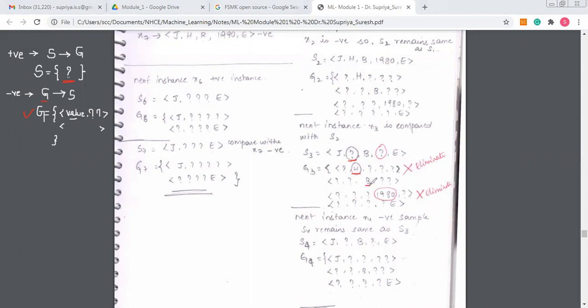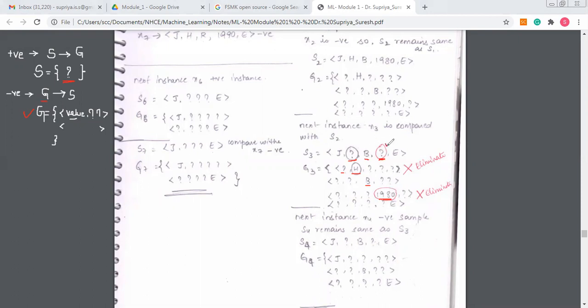You can see blue, and the third feature blue remains the same, so I have no issues with that. The first one, you can see J and H, which means it is okay, it is taking a common value, or I'm only considering the values which are present here with respect to the given instance. If I consider 1980, there's a question mark over here, which means there is again a contradictory statement.